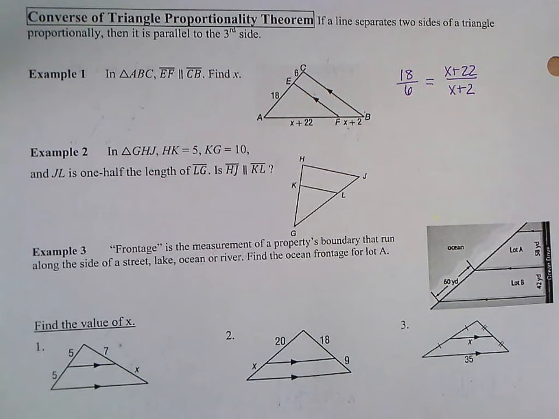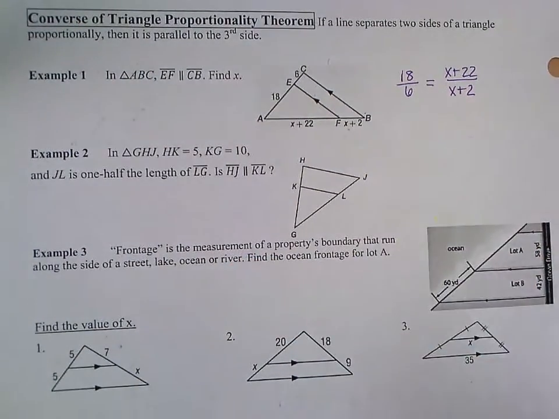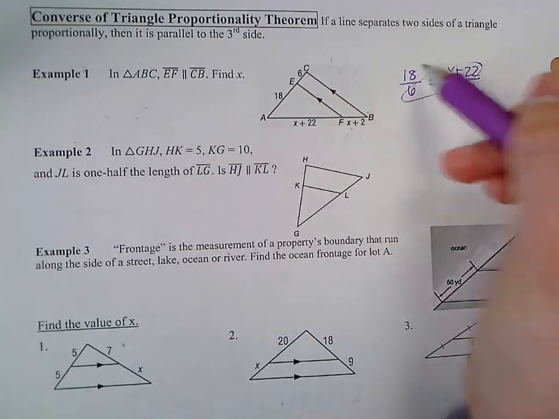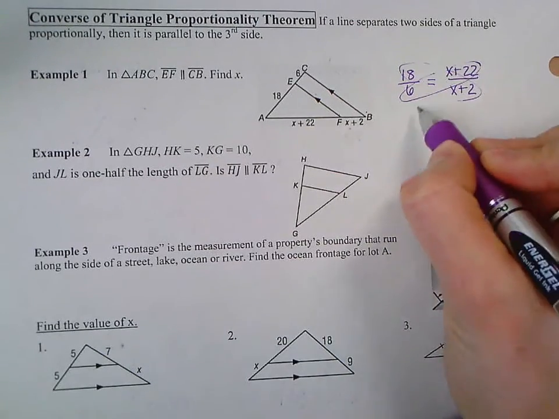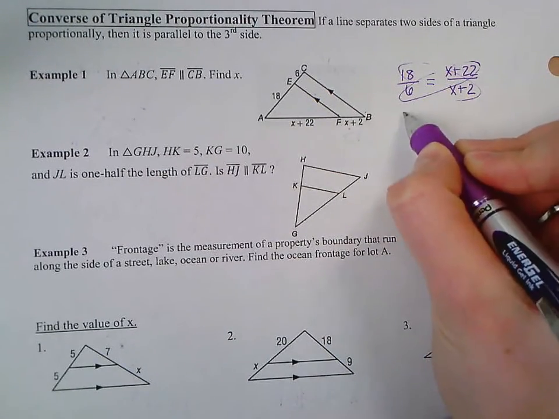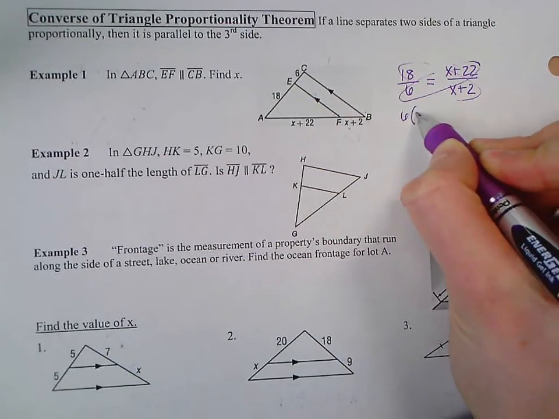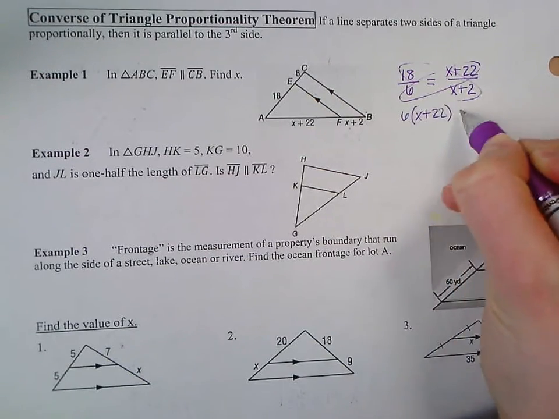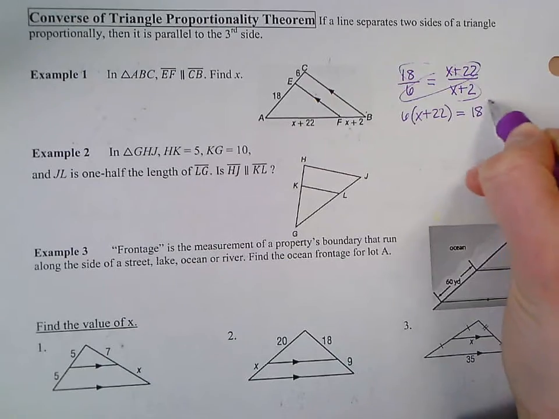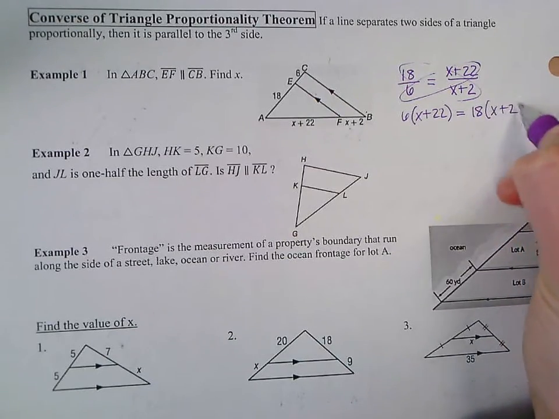Some of you I know had already kind of realized this before. So now I would solve this proportion. Find my cross product, set them equal, and be careful about the distributing. So I would have 6 times the quantity x plus 22, and that would equal 18 times the quantity x plus 2.